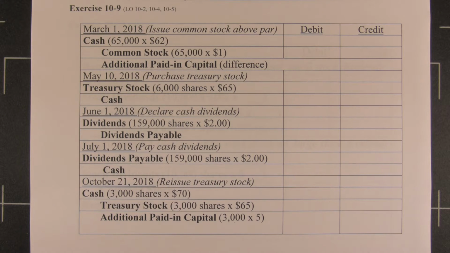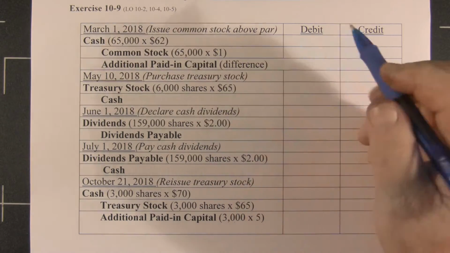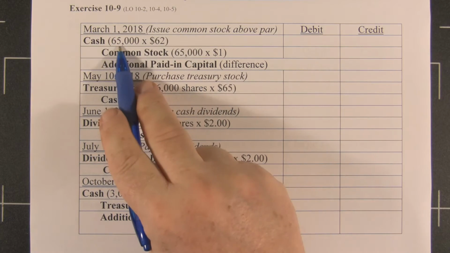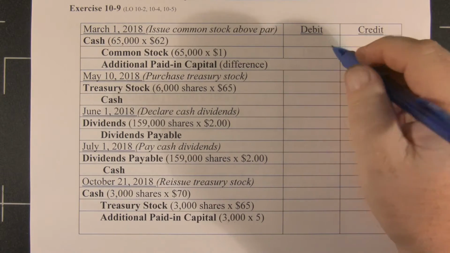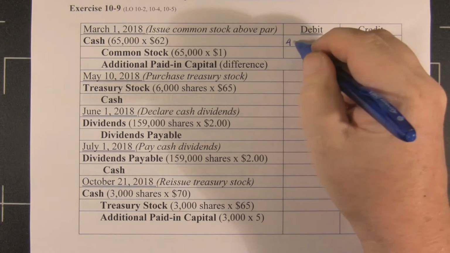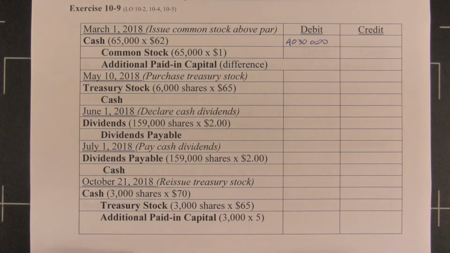65,000 additional shares of $1 par at $62 a share. So 62 times 65,000 is $4,030,000.